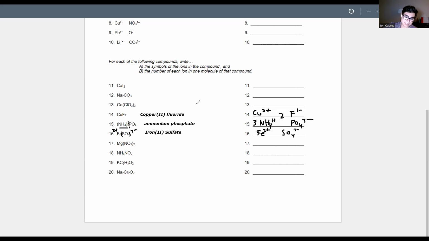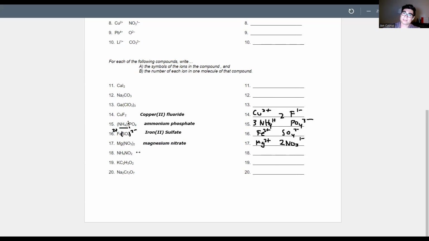17, this is magnesium nitrate, right? Similar rules. Magnesium is always a +2, so I don't have to worry about the Roman numeral. And then we're kind of having the same things here. So magnesium is a 2+, and then nitrate is going to be a 1-, and we have 2 of them.